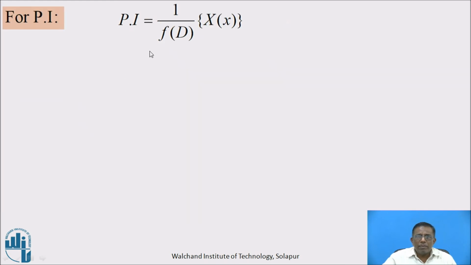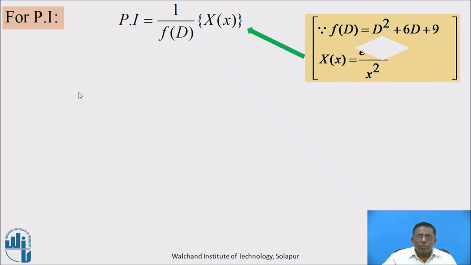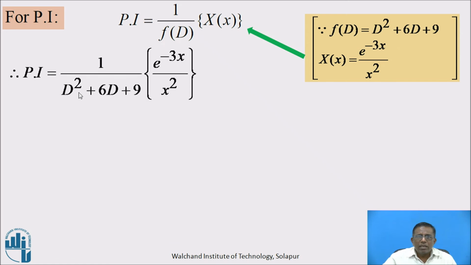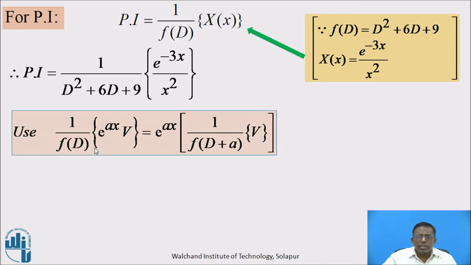Now for PI, the formula is PI equals 1 by f of D operated on X of x. Now substitute the values of f of D and X of x, we get PI equals 1 upon D squared plus 6D plus 9 operated on e raised to minus 3x upon x squared. Again using the same case, 1 upon f of D operated on e to power ax into v, we write it as e raised to ax times 1 upon f of D plus a operated on v.